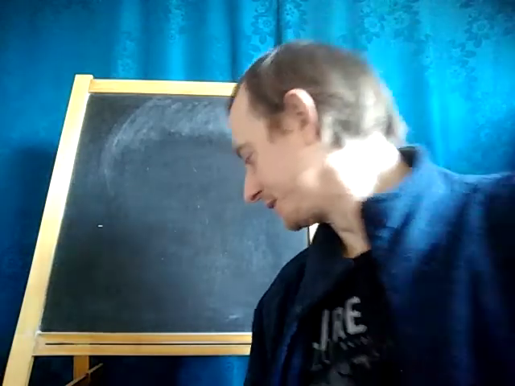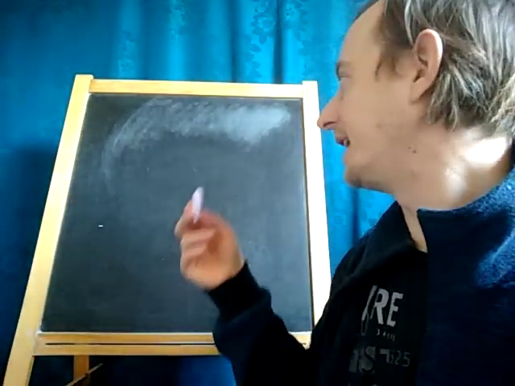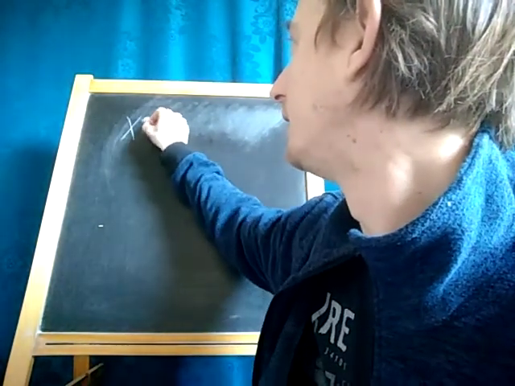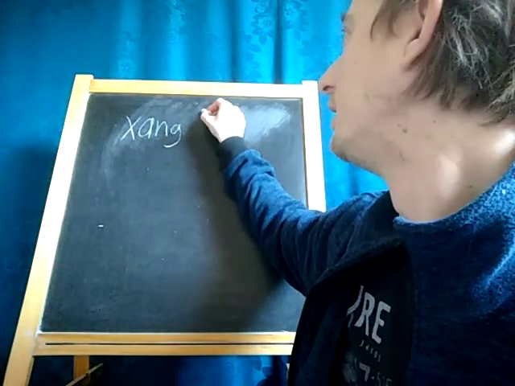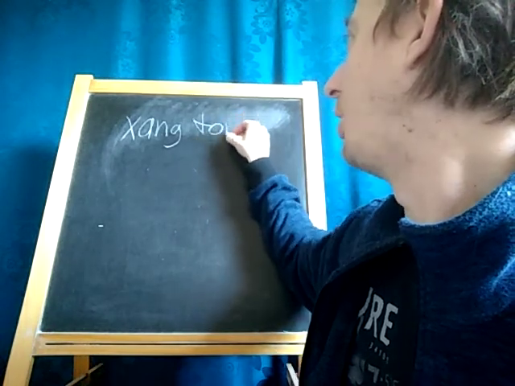So now the magician says, go to the library, the big ancient magic library full of books, and get me a book about Xang Tor.